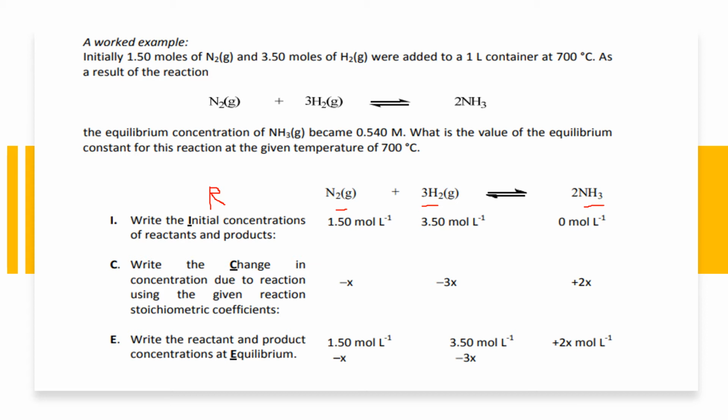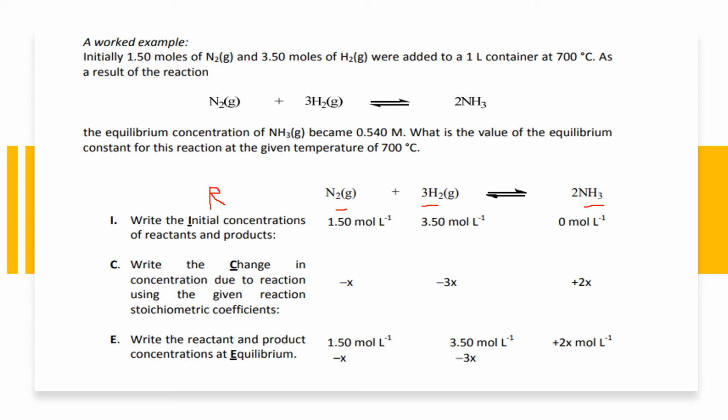Write all the coefficients of the reactants as they are: for N2 1, for H2 3, and for NH3 2. So for N2 the change will be minus 1x, for H2 the change will be minus 3x, and for NH3 it will be plus 2x.